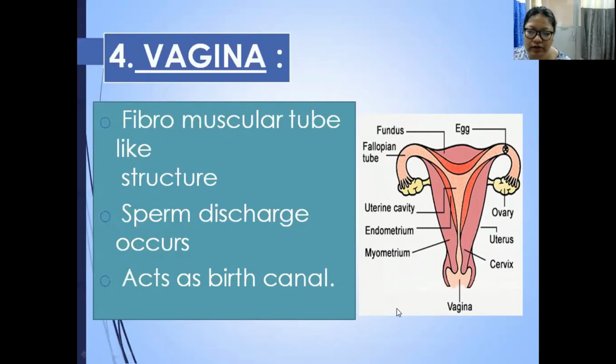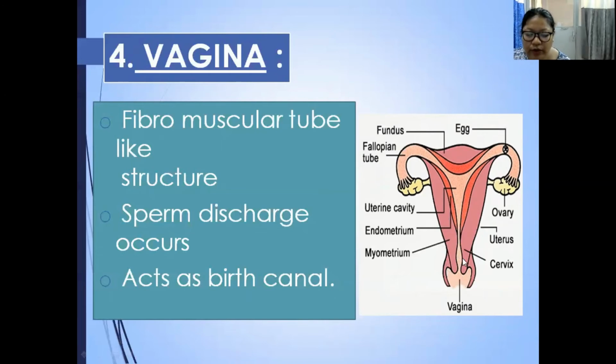That means during sexual intercourse, the penis enters this area, and the male releases sperms in this area. And those sperms will enter and try to reach wherever the eggs are. And that is how fertilization will take place.